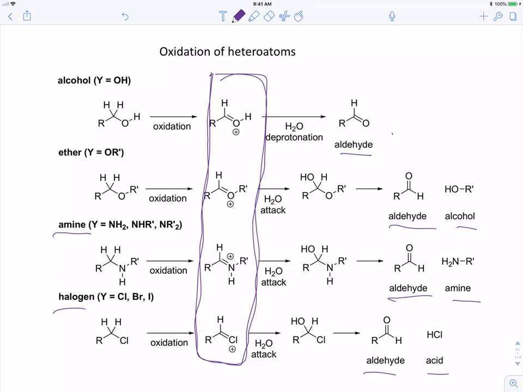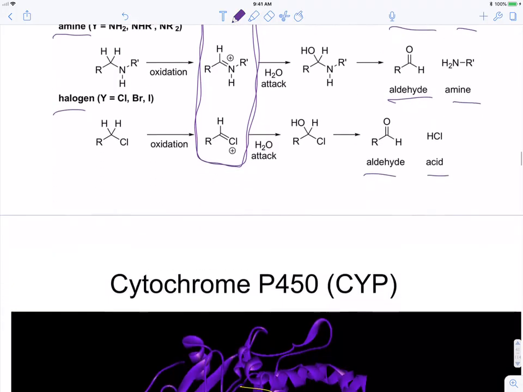If we start from an ether, we'll end up with an aldehyde and an alcohol, so we'll actually have breakage of the oxygen to our group here, our prime rather. For amines, this reaction will generate an aldehyde and an amine, so it's what we call an oxidative deamination. And for halogens, we'll also end up with an aldehyde and an acid.